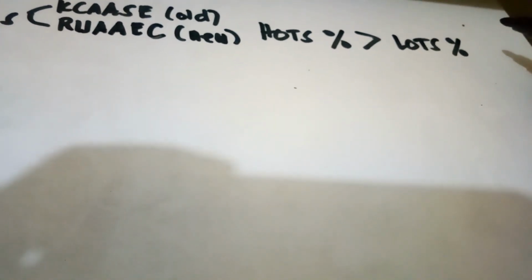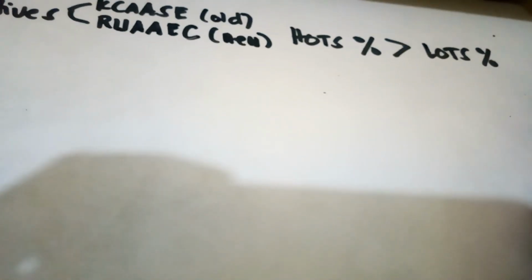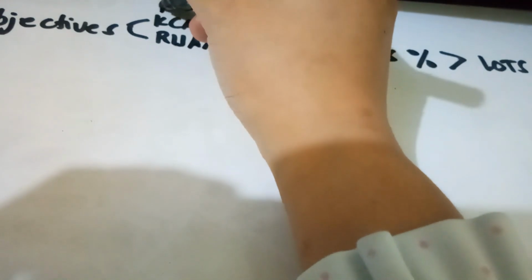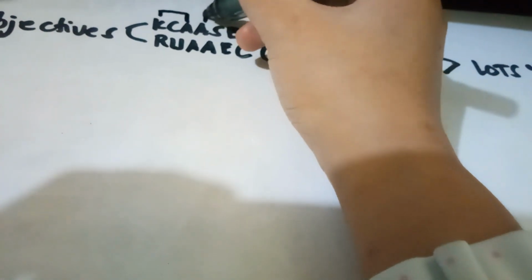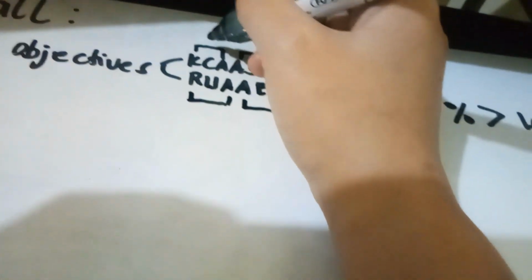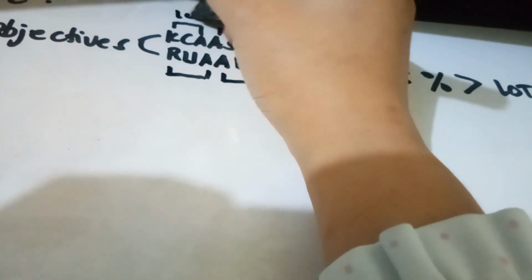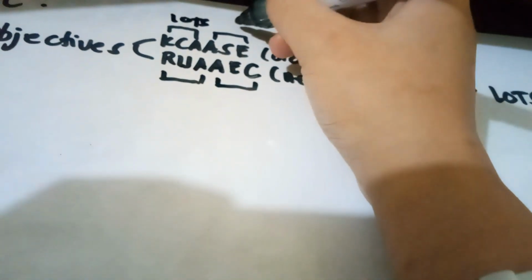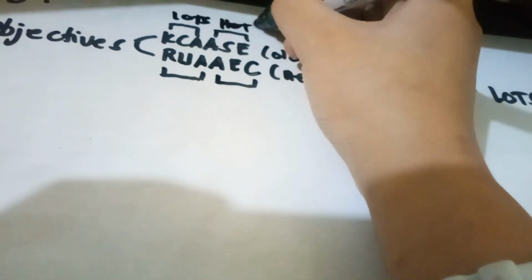The number of items under HOTS should be greater than LOTS. Under Bloom's Taxonomy, the first 3 would be under your LOTS, and the next 3 will be under your HOTS.